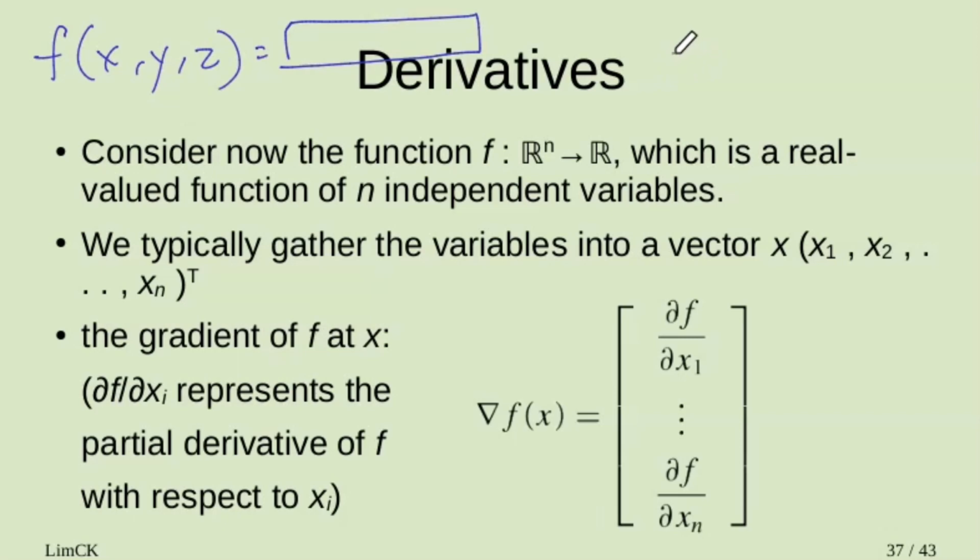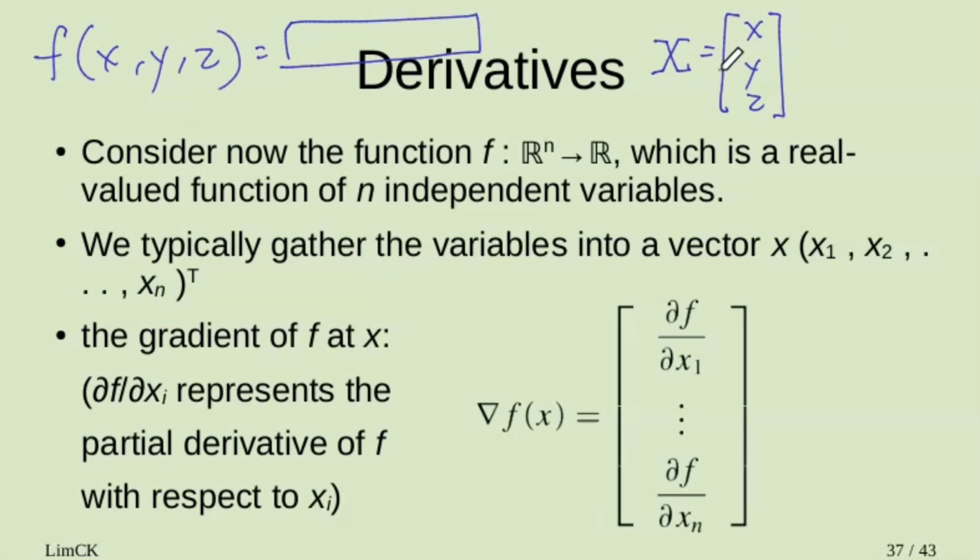Okay, this x is different from this x. The vector x is a group of all the variables x, y, z here to be a vector. So we can write all the variables as one variable only, but this one variable is a vector.